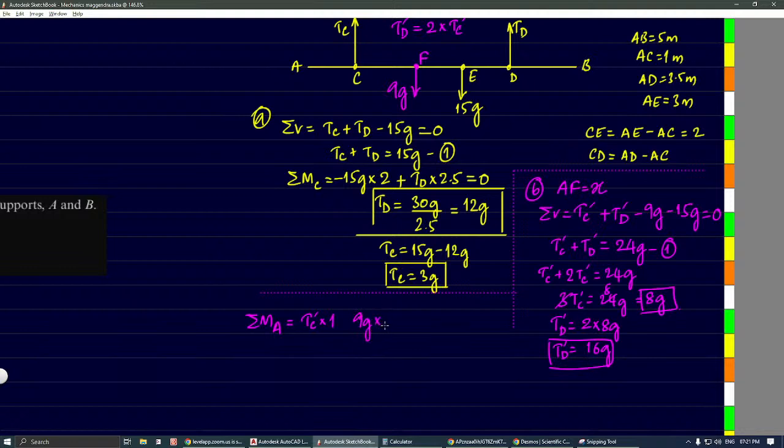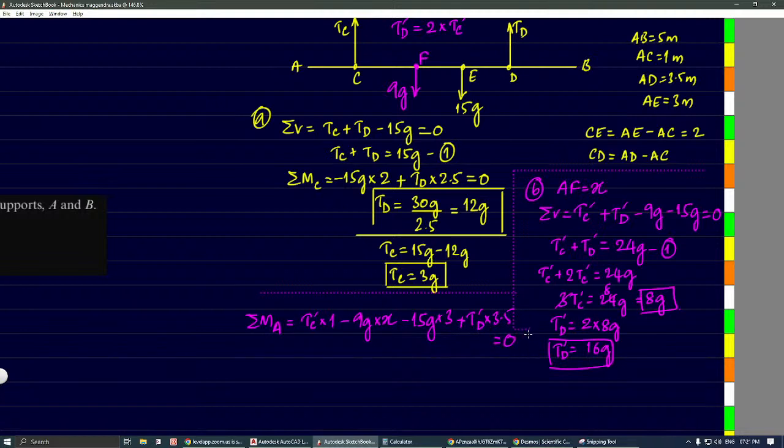And 9g into AF, AF length we are taking as X, this is clockwise, minus. 15g, the length is AE, 3 meters, this is also clockwise, so minus. Then TD, the length is AD, 3.5, anti-clockwise, so positive. So this total should be equal to 0.